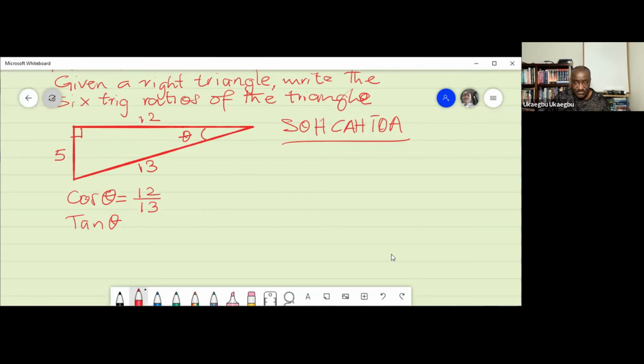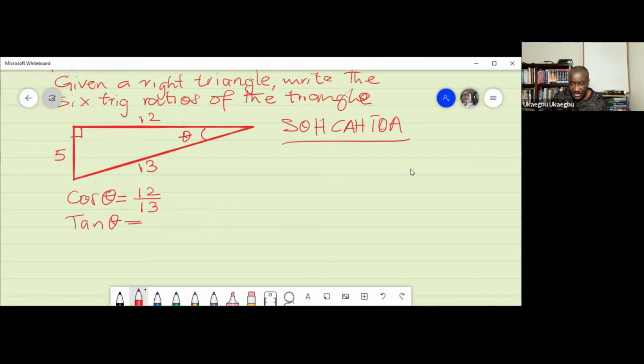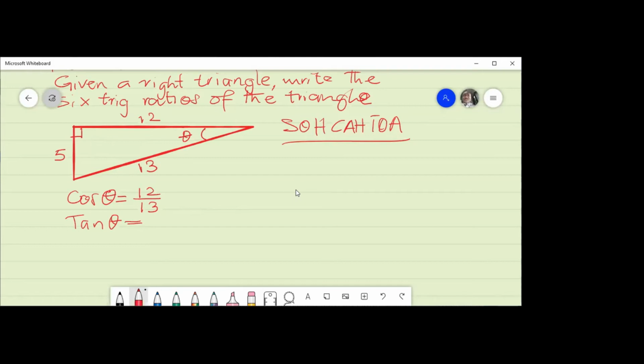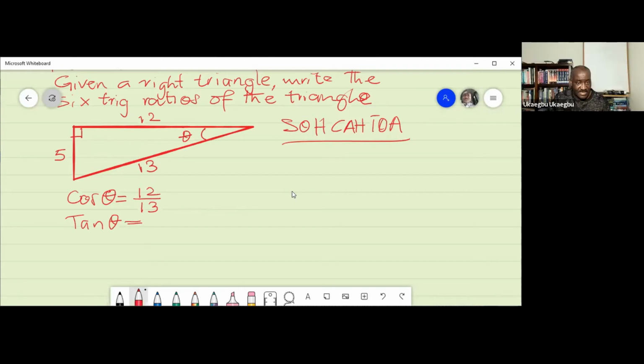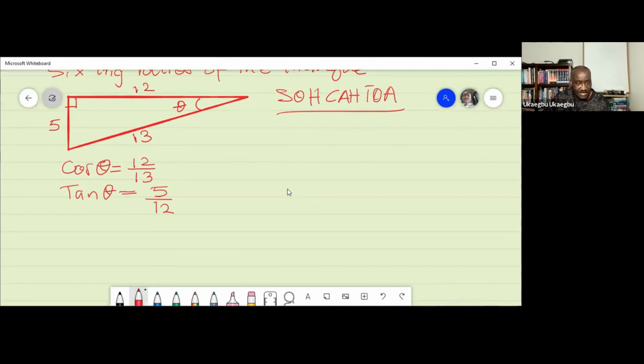Who got the answer for tangent theta? I do. Is it Walter? Okay, go. I got 5/12. Okay, he said 5/12. Who agrees with that? Somebody said I don't. So what's your solution?